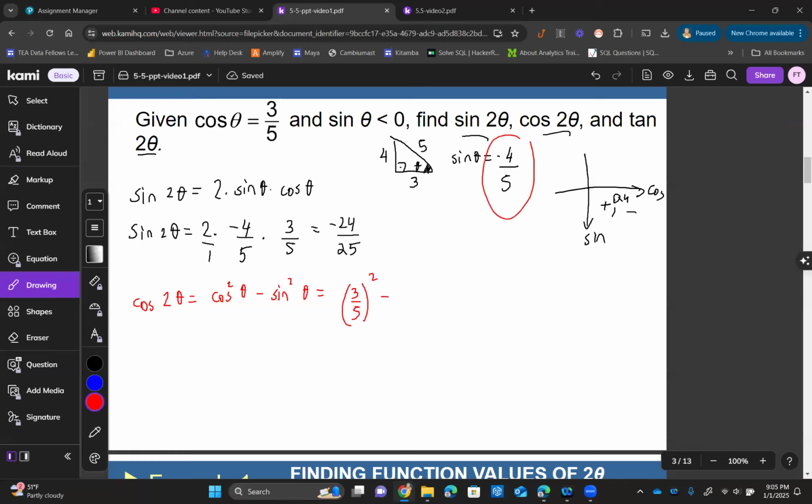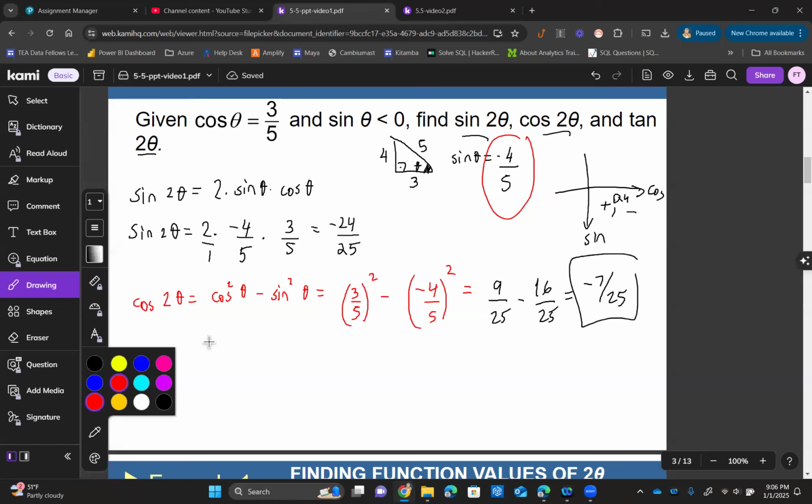Sine of theta, I had to find it, and it is equal to negative 4 over 5, but we need to square it. According to PEMDAS, we have to square them first, so this becomes 9 over 25, and then this one becomes 16 over 25. And then when we subtract these two things, 9 minus 16 is negative 7 over 25, which is the answer for cosine of 2 theta.